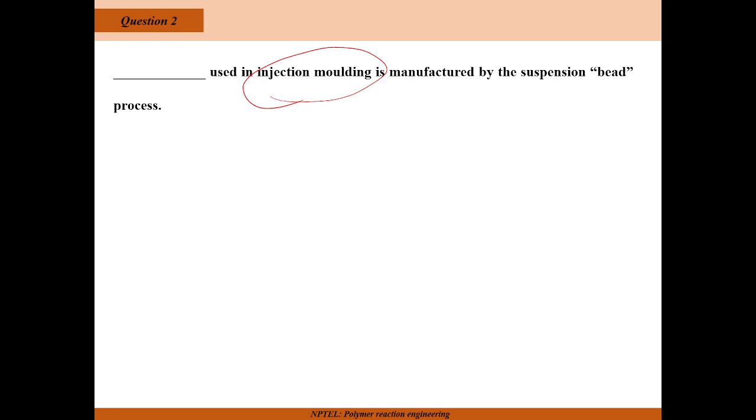Polypropylene and polystyrene also. Yeah, polystyrene. In general, we can say plastics, but specifically, the major one discussed in the lecture was polystyrene.